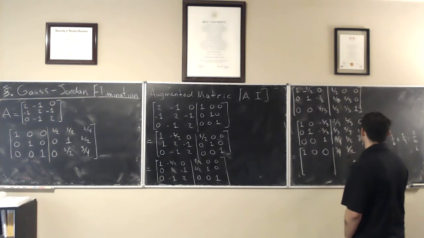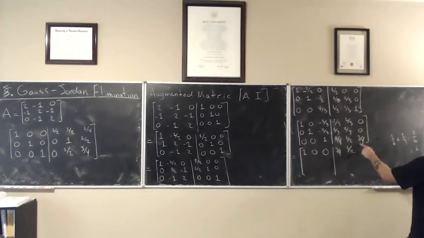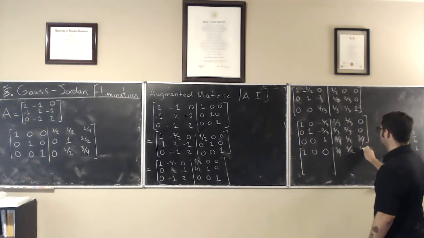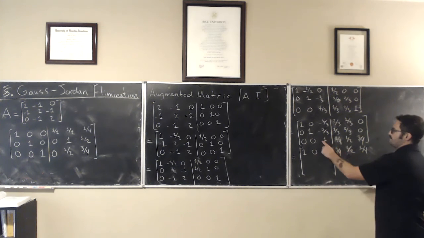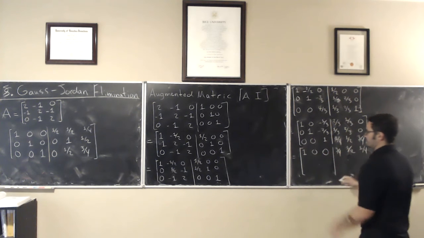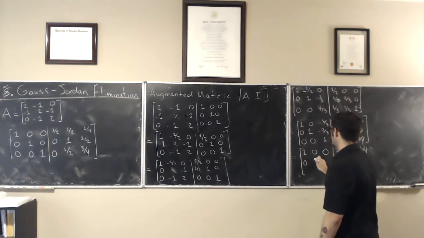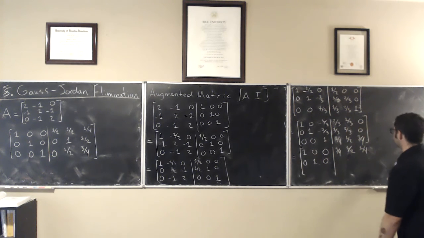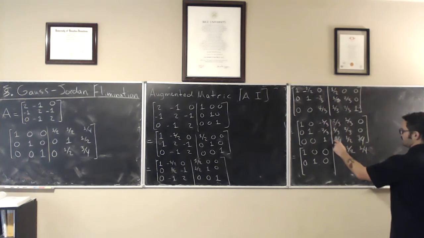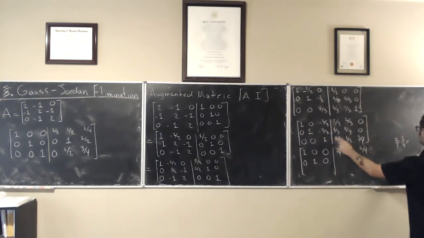1/2 right here. And then 1/3 times that is just 1/4. What's that? 0. And then I multiplied this by 2/3 and then add to this row. So 0, 1, 0. So 2/3 times 1/4. I'm just being very careful right now.